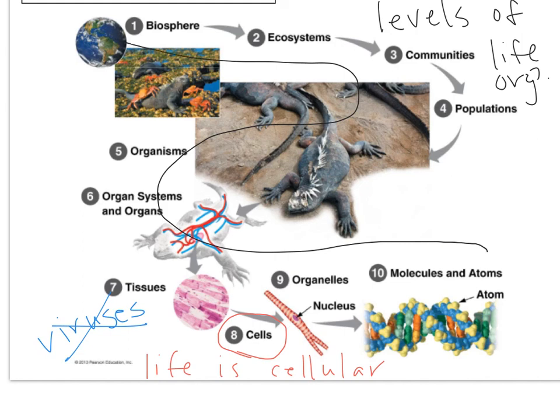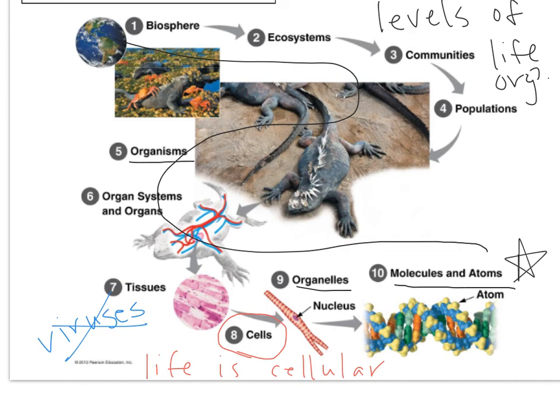All life is cellular. If you want to understand cells, you have to understand their parts, and to understand their parts, you have to understand their building blocks. So this part here is going to be chemistry, and we will look at how molecules build up to form cells. Cells form tissues, tissues form organ systems.